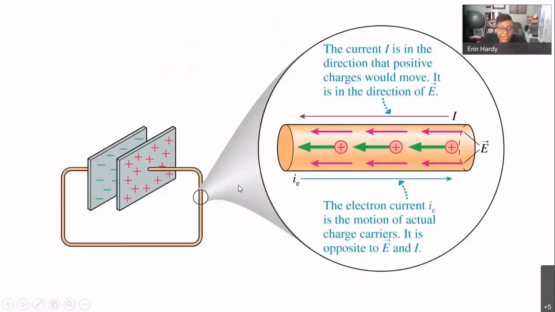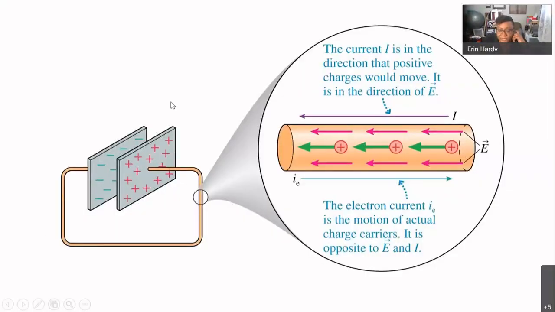So let's imagine that we can take an interior view of what's happening to our discharging capacitor here. I start off with some surface charge density shown here. All of my positive charges are on the right, negative charges are on the left.